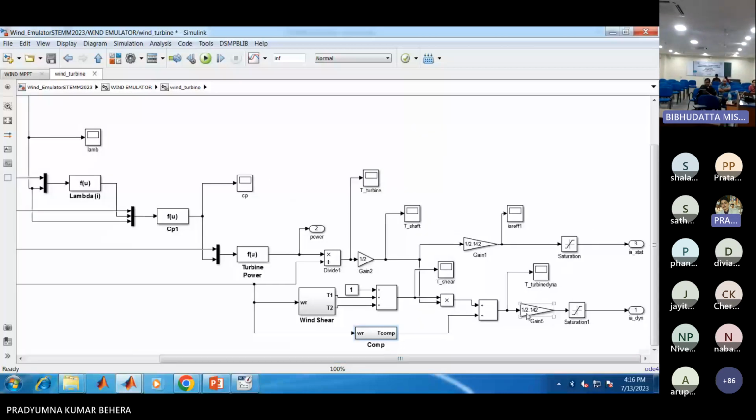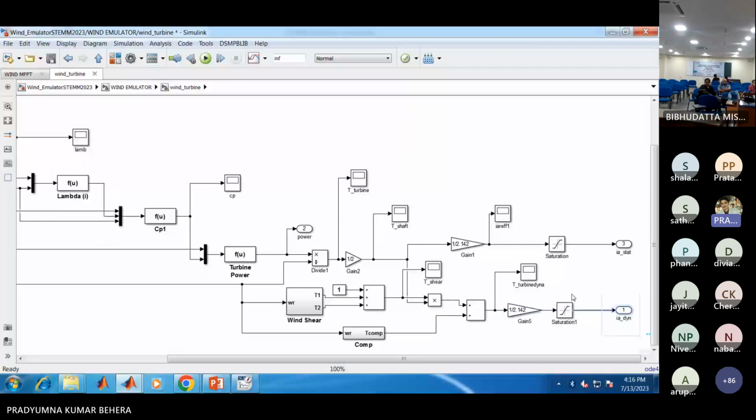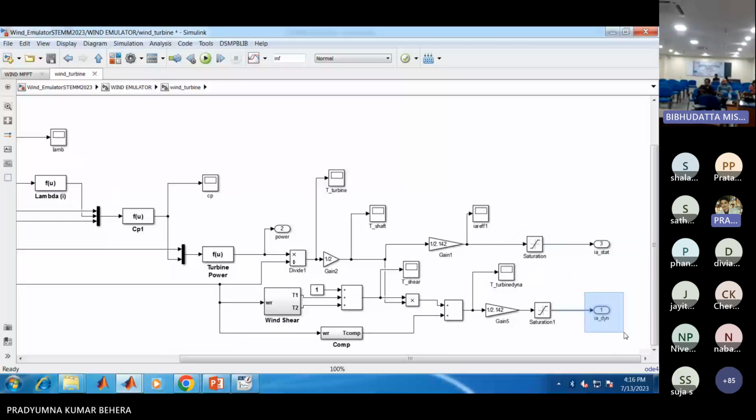Reference torque is divided by the turbine constant to generate the reference current for the armature. And we are considering the dynamic characteristic, and we have not considered the static characteristics.